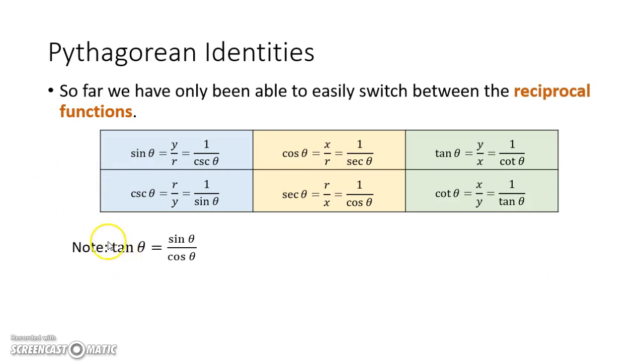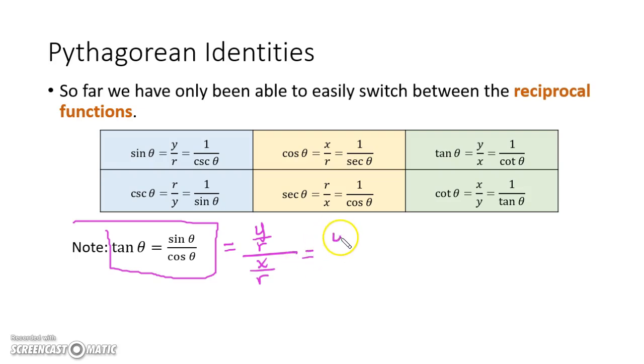We also know that the tangent of an angle theta is equal to sine over cosine. Now, we haven't really talked about that so far, but that is pretty easy to show, because if we look at sine, we know that sine is y over r, and cosine is x over r.